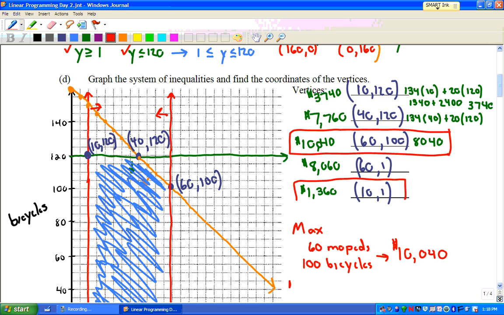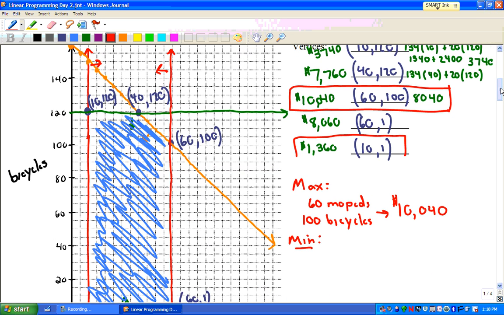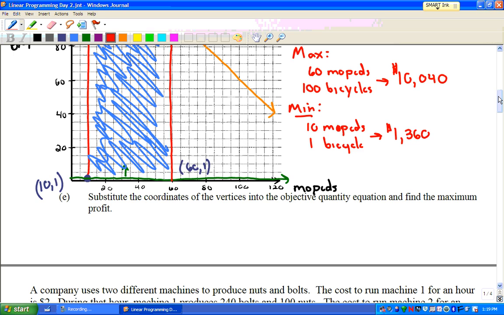Now my min, which if you're running a business, obviously you don't want to do, but this min right here is still going to make you a profit: 10 mopeds, 1 bicycle, and that would net you a profit of $1,360.